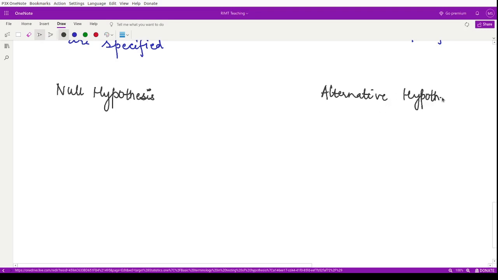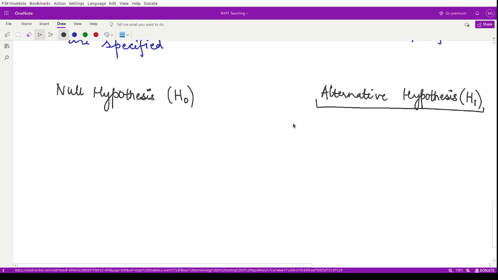So one is this null hypothesis, one is this alternative hypothesis. In null hypothesis, we use the symbol H naught, H0. In alternative hypothesis, we use the symbol H1, right? So these are the notations.